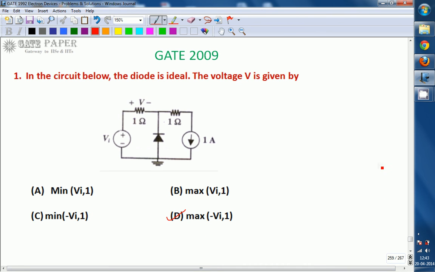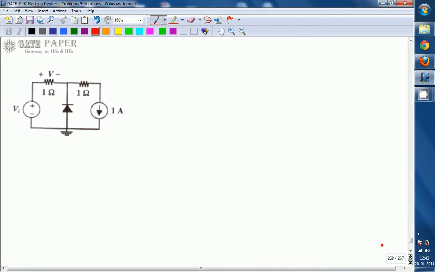Now, this is the circuit diagram, and since the diode's P side is connected with Vi, first of all we are going with the first case. Let Vi be a positive voltage, as the diagram indicates.